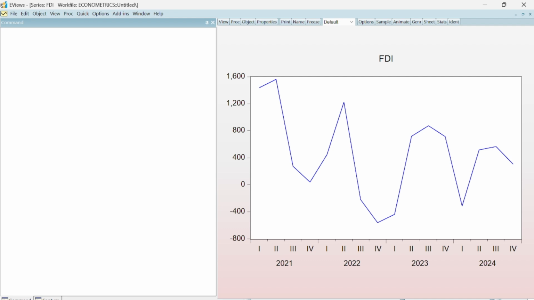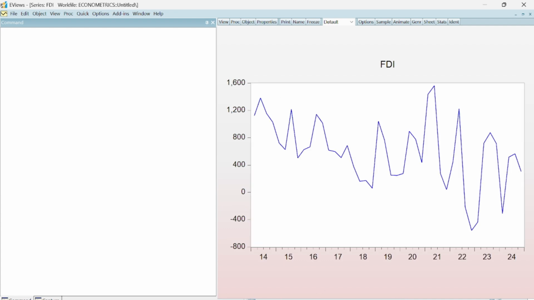So from here, you can tell your story that before COVID, our FDI was high and started declining, and after COVID, it kept on declining, maybe because foreign countries don't have confidence in investing in Nigeria.